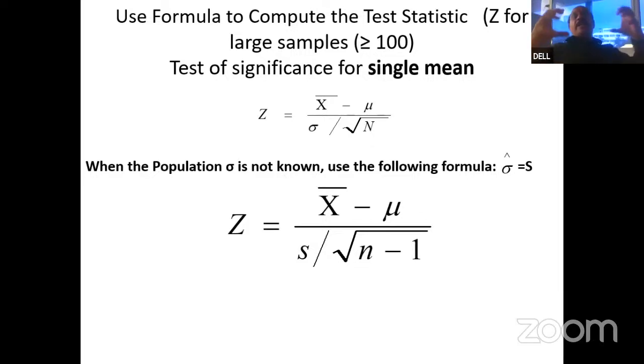We are finding here the difference between x bar, the estimated value, and mu, the assumed value. Whether the difference between those two is significant or not, we are going to test. For that, we have to see the standard error of that difference. Based on that, the statistic is designed. So with that formula, we can study the significance for single mean.